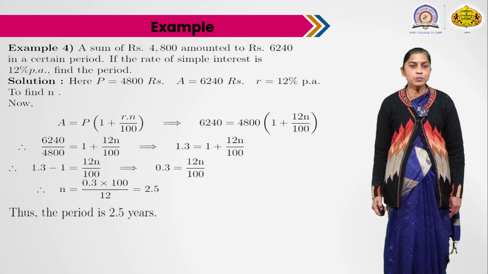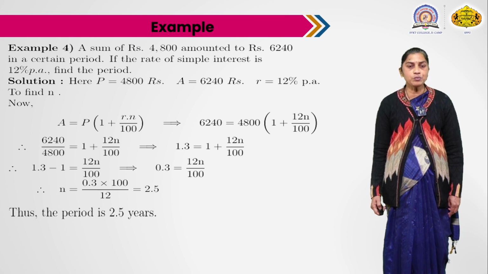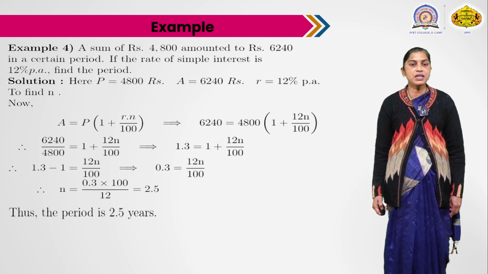A is equal to P into bracket 1 plus Rn upon 100, because the actual formula for A is P plus I. We substitute the value of I, that is PRN by 100, and taking P common, we get the simple formula A is equal to P into bracket 1 plus Rn by 100.